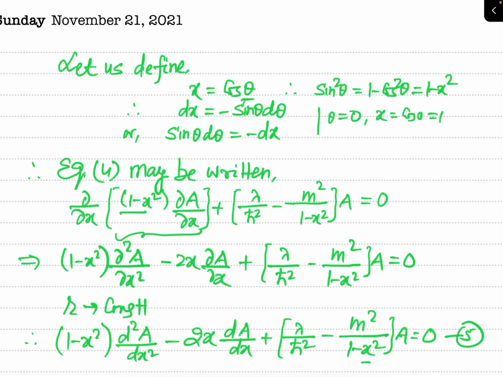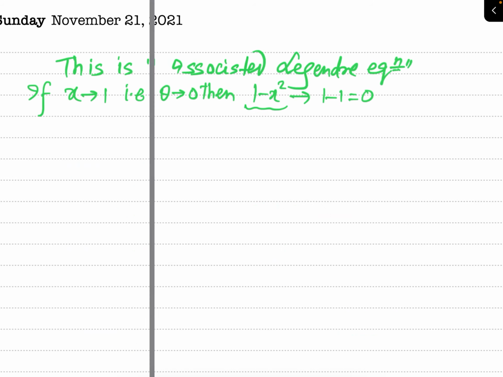And if 1 minus x square is 0, you can see from the form of the equation that m square over 0 will become undefined. So in this condition, the solution of this equation will diverge.